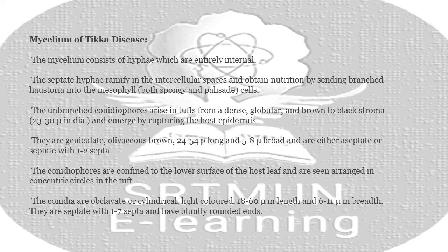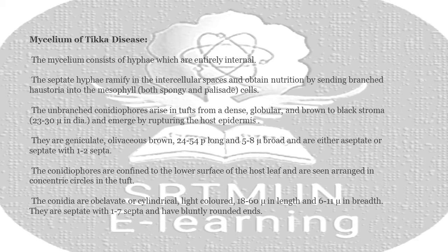Now, next, the unbranched conidiophores arise in tufts from a dense globular brown to black stroma and emerge by rupturing the host epidermis.